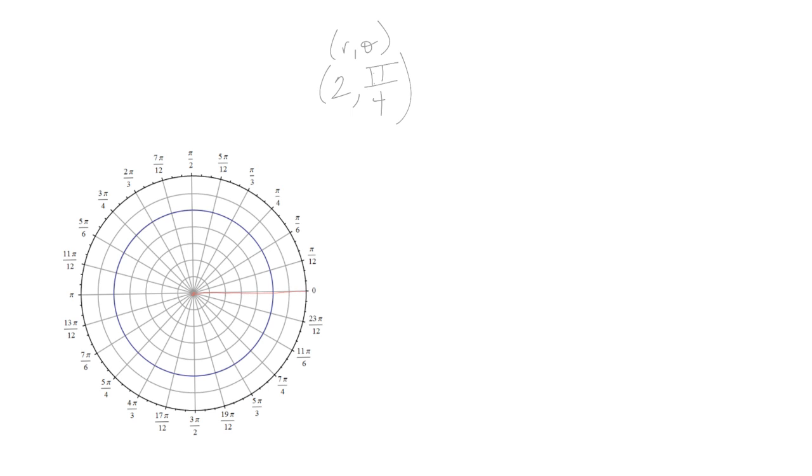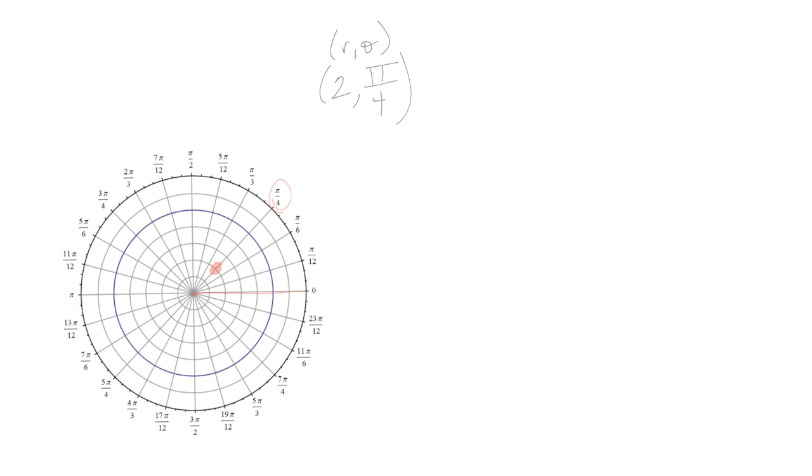This particular coordinate plane is already labeled with our radians. If it wasn't, you would just have to figure out where it is. I'm going to go to pi over 4, which is here. Then from the pole, I'm going to count 2 points out because it's a directed distance of 2. So from the pole, I'm going 1, 2, landing at this red point. That is the point 2 comma pi over 4.